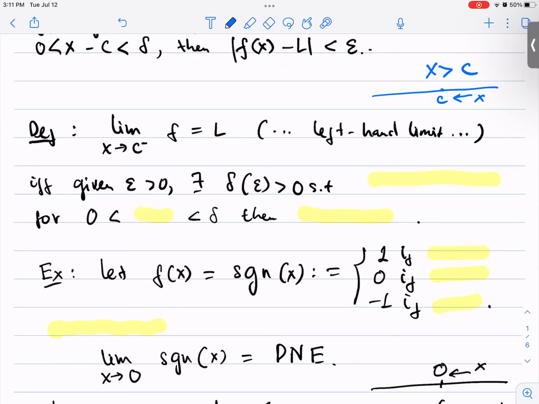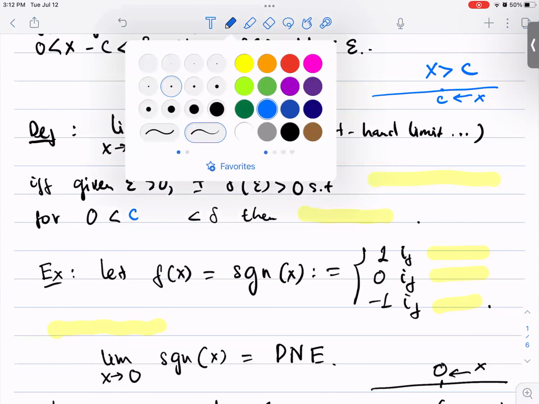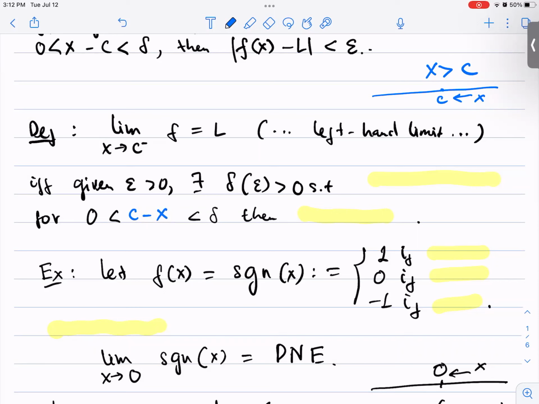So the limit of the function f when x approaching c from the left equal to L if and only if, given any epsilon greater than 0, there exists delta depending on epsilon greater than 0, such that for 0 smaller than c minus x smaller than delta, then f(x) minus L in absolute value is smaller than epsilon.